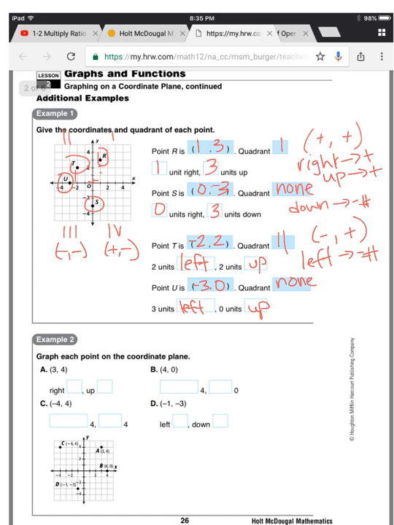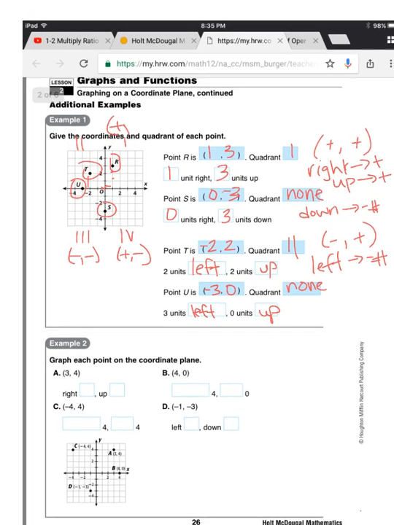So if you look at the next example, 3, 4, well, they're both positive, so we're going to come back positive, positive. Because they're both positive, we can say that needs to lie in quadrant 1. So if it's not in quadrant 1 when I graph it, then I did it wrong.